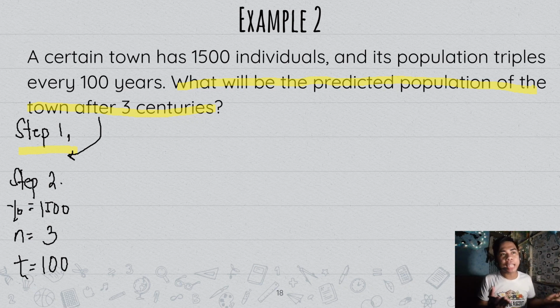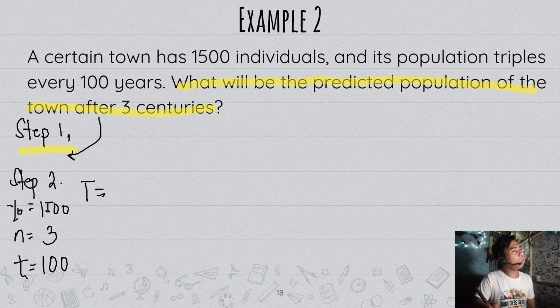Now, in our time, we have different units. We have years and centuries. So all we need to do is to convert 3 centuries into years. So how many years are there in a century? Very good. That would be 100.